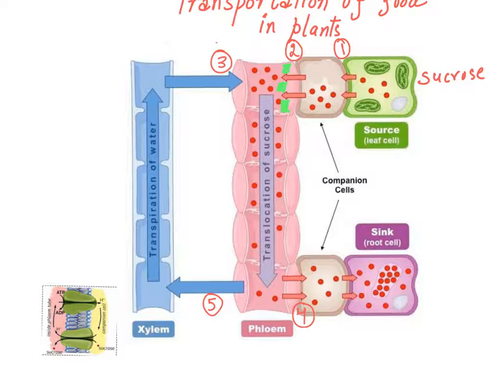Without spending energy, it is not possible. We have to give energy if we want to move a substance from its lower concentration to higher concentration. From its higher to lower, it happens on its own, spontaneously. But if the movement has to occur from low to high, for that we have to spend energy in the form of ATP.